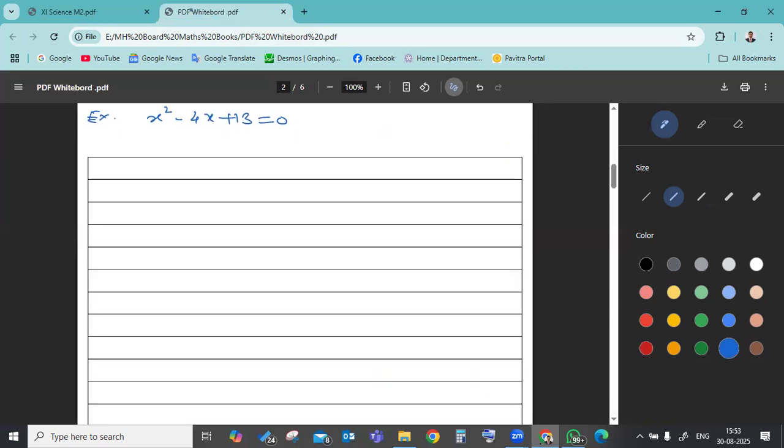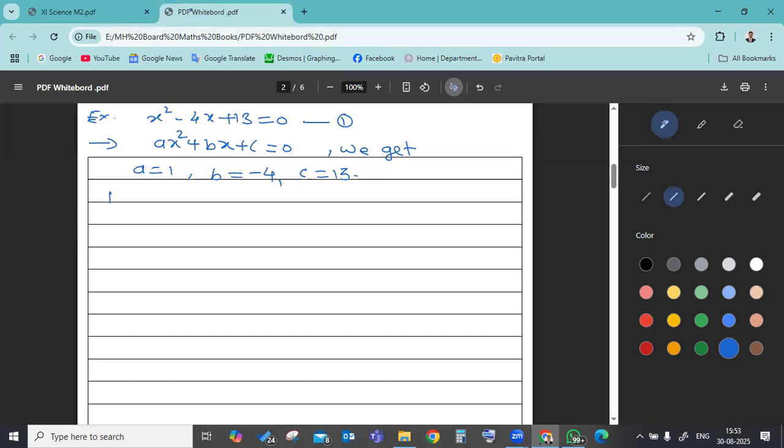So here, compare this equation with ax square plus bx plus c equals 0. We get a equals 1, b equals minus 4, c equals 13.